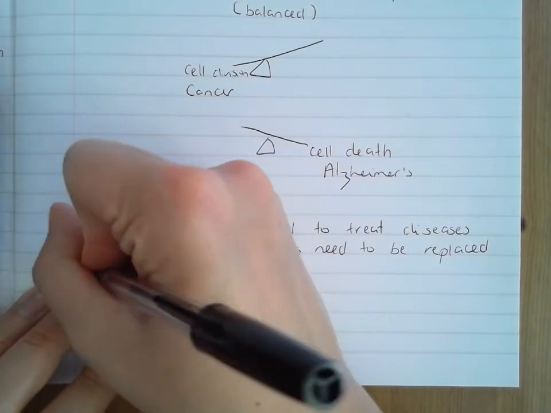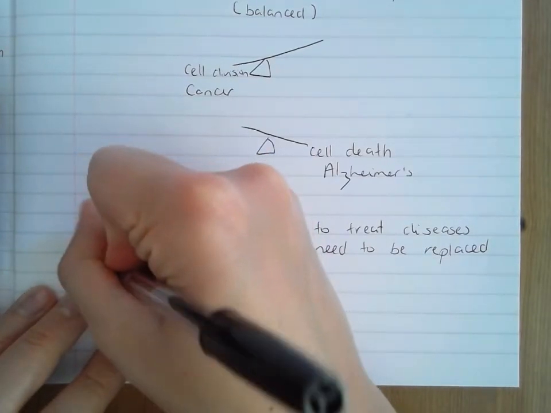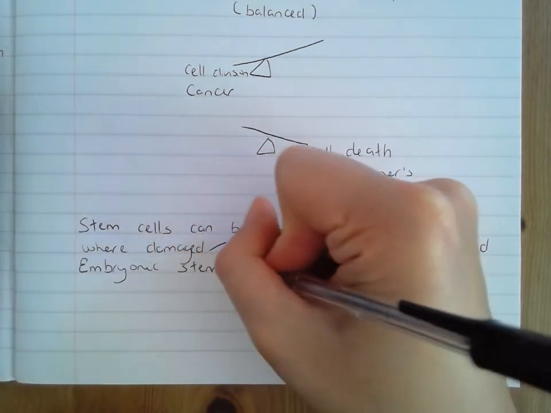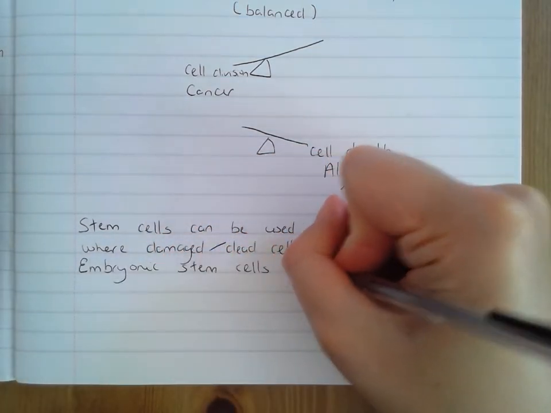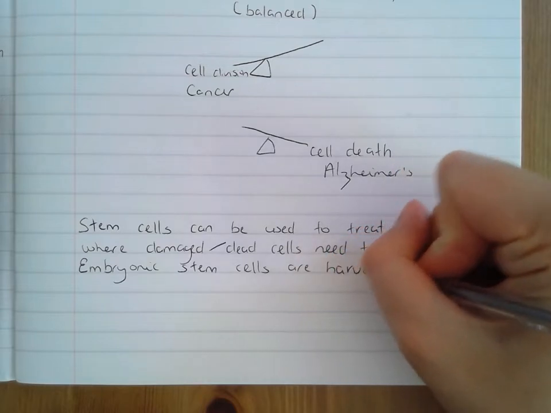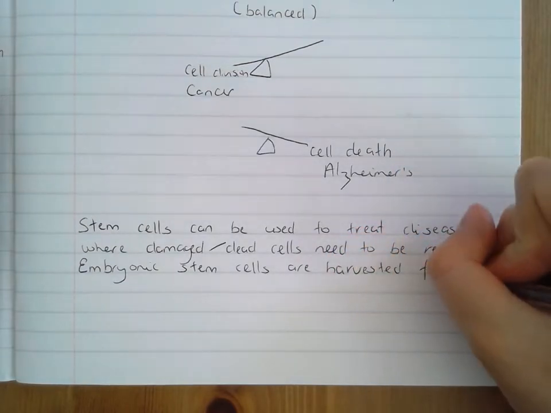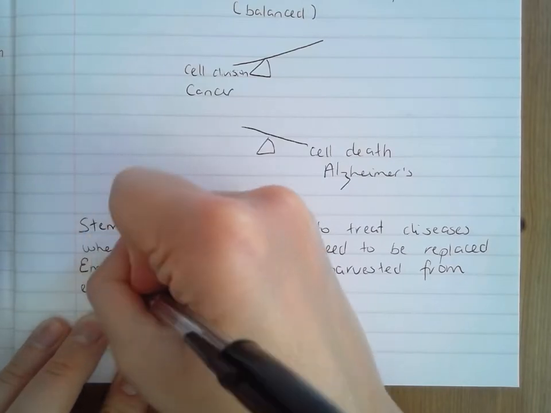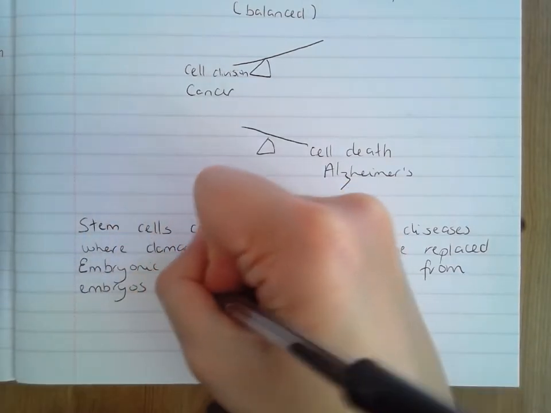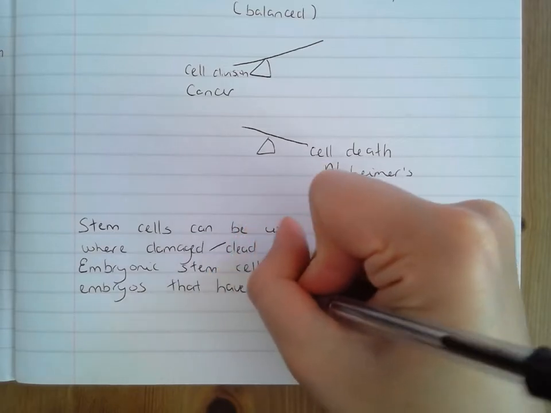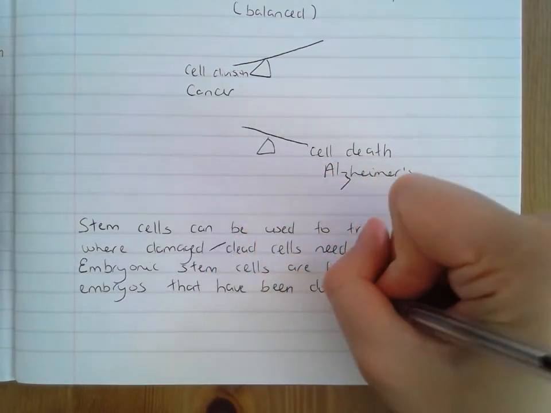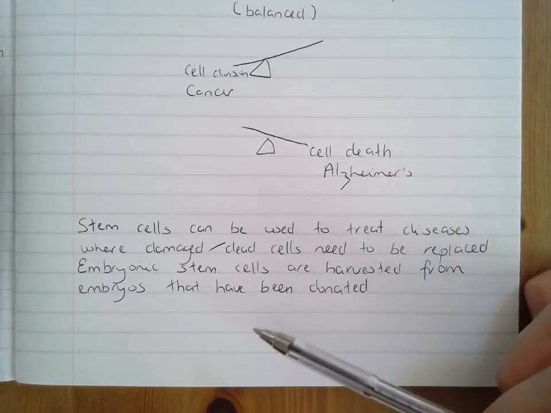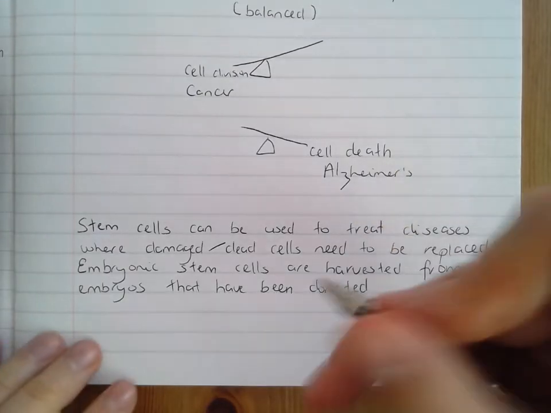Okay, I'm just going to write, this is typically done with embryonic stem cells that are harvested from embryos that have been donated. Okay, they're not being removed. They're harvested from embryos that have been donated.